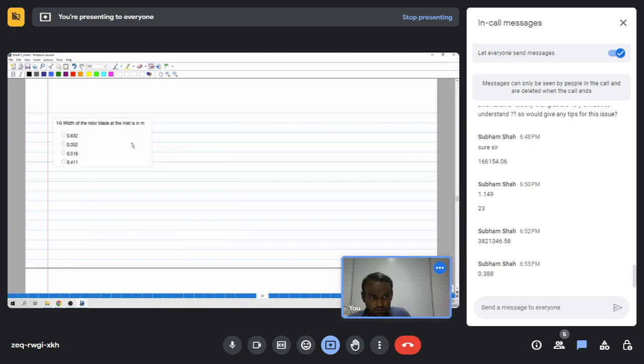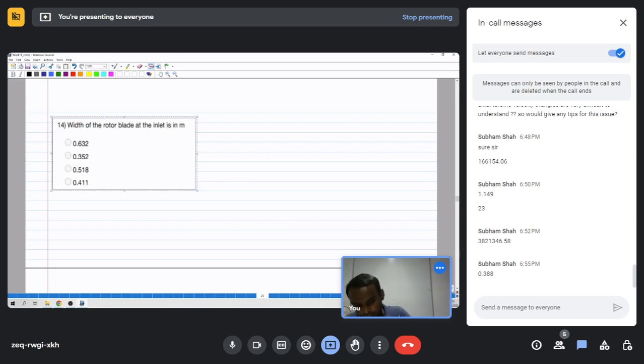For the next we have width of the rotor blade at the inlet in meters. So this flow rate is C1 into cross-sectional area, right, and flow rate Q is known, so Q is 20 meter cube per second.